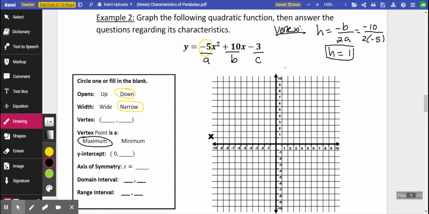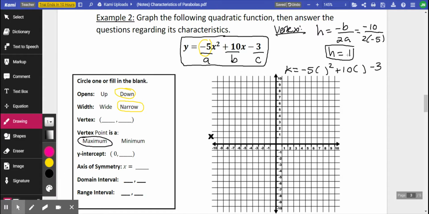Okay, if I want to figure out my k, I have to plug into the original equation, right? The original equation that we're graphing. Everything in for x is going to be replaced with the value of h. So instead of the x, I'm going to be replacing that with the h, which happens to be 1 in this case. And then simplify.